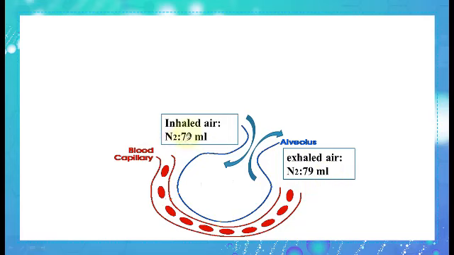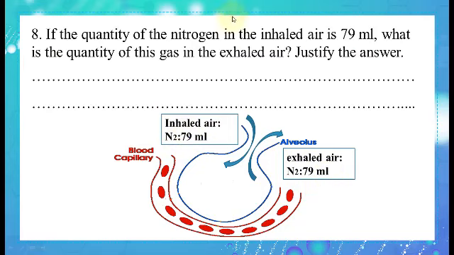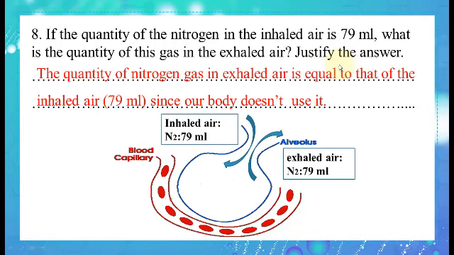Let us answer number 8. If the quantity of nitrogen in the inhaled air is 79 milliliters, what is the quantity of this gas in the exhaled air? Justify the answer. The quantity of nitrogen gas in the exhaled air is equal to that of the inhaled air, which is 79 milliliters, since our body doesn't use nitrogen gas during respiration.